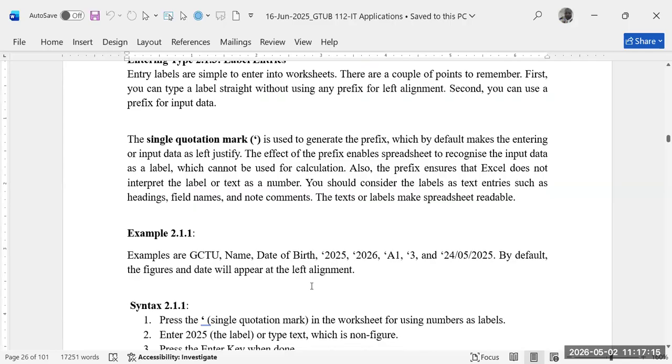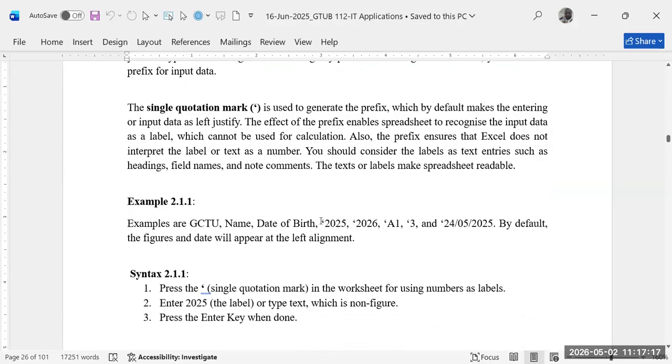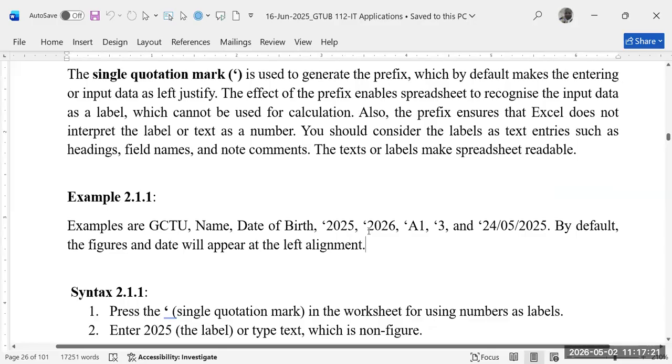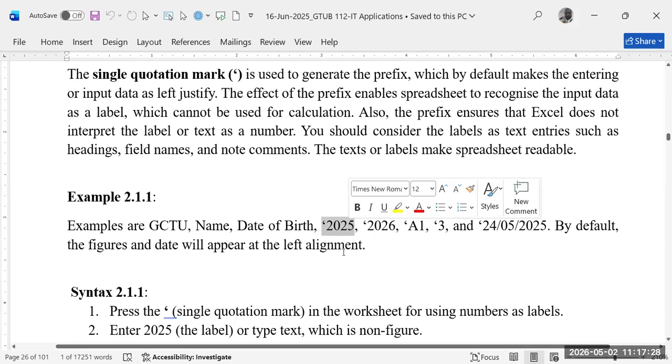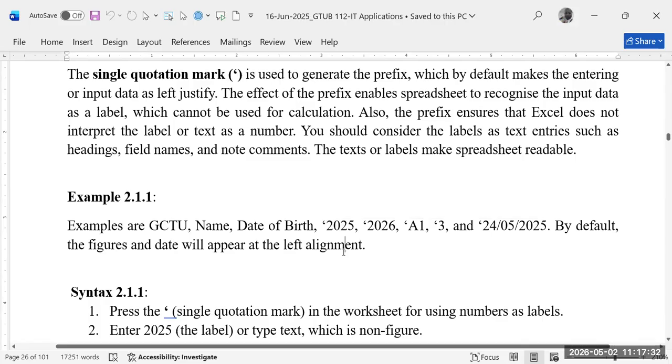If you type a single quotation mark, then the number it will consider as a label, not a figure. Figures are on the right side. So if you type something like 100 and you want to use it for calculation, you don't use the single quotation mark. The single quotation mark is used to generate the prefix, which by default makes your input left justified.